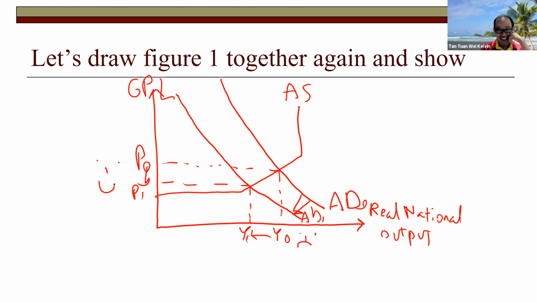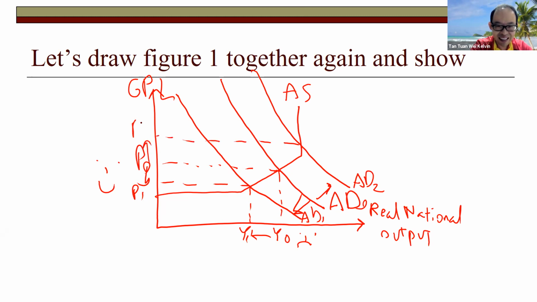On the other hand, if you want to explain inflation, you will shift the AD to the right. AD0, let me call this AD2. Can you see that when you shift to AD2, the bad thing, if you can see on the y-axis, is that the general price level has gone up.